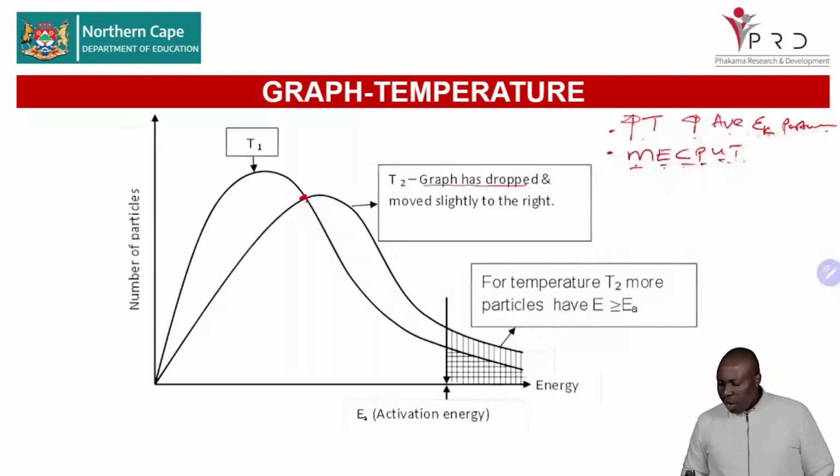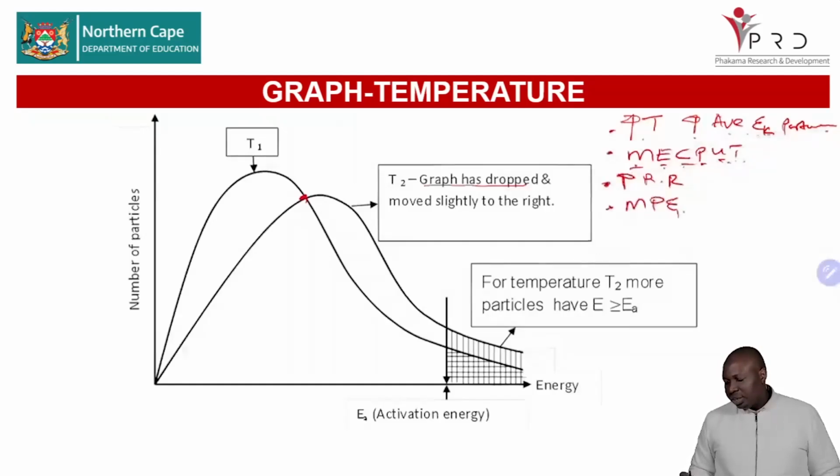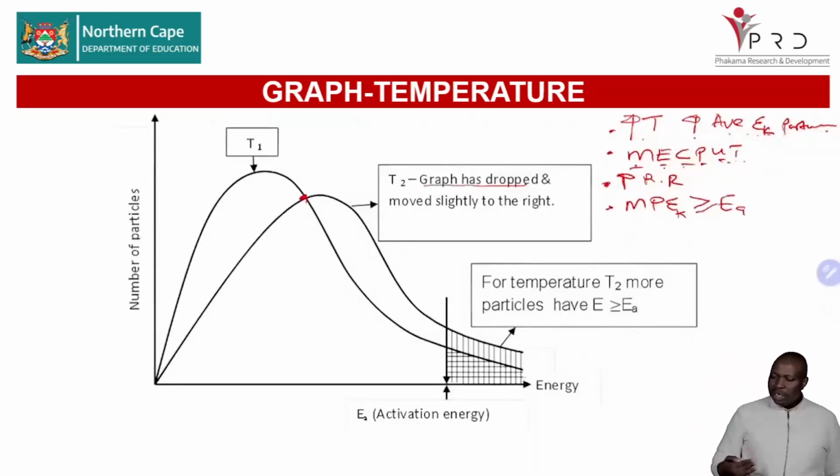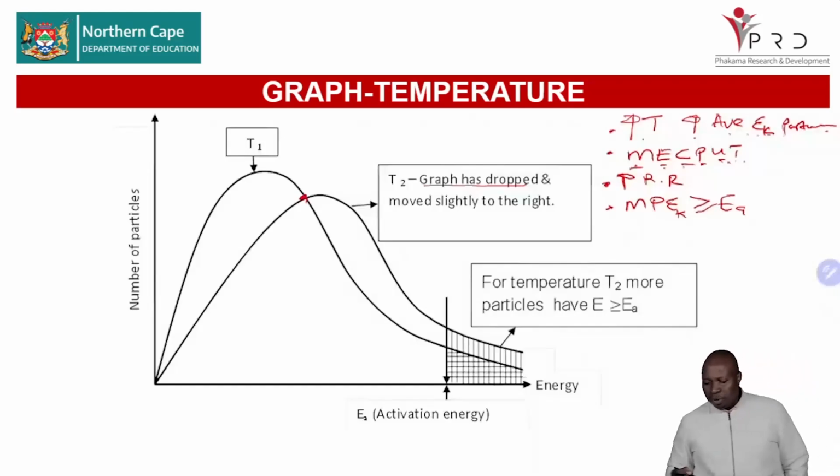And then you are able to say we're going to increase the rate of reaction. You can say we'll have more particles with kinetic energy greater than or equal to activation energy. So for those bullets, please make sure that you show all of them: when we increase temperature, we increase the average kinetic energy of particles, more effective collision per unit time, in full.